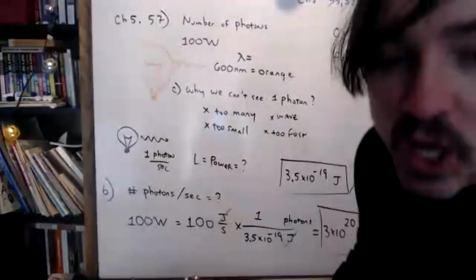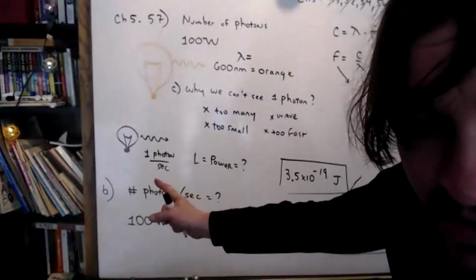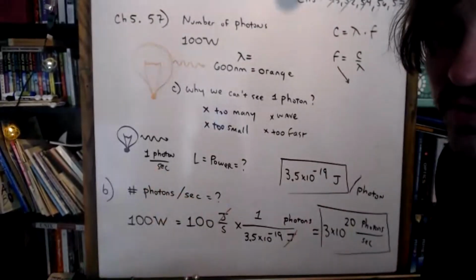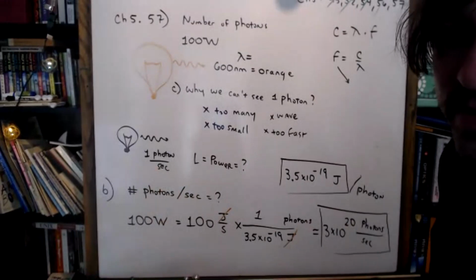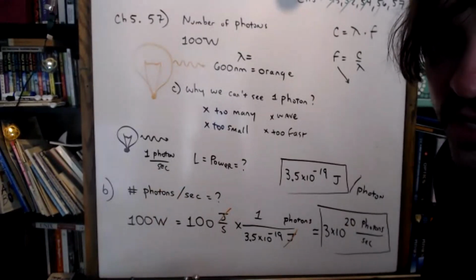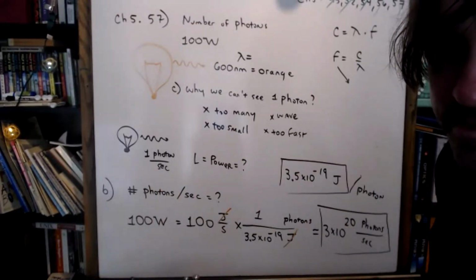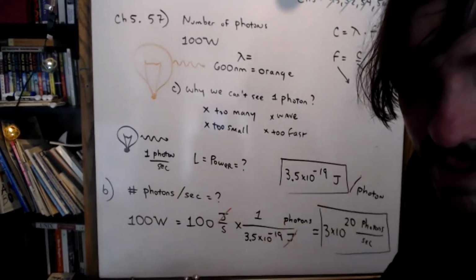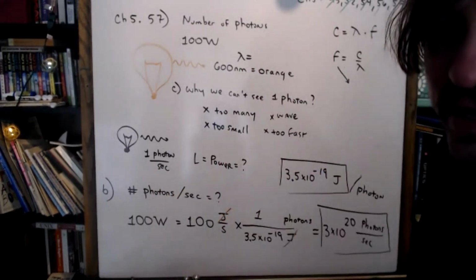In other words, what would be the wattage of a tiny quantum bulb that produced 1 600 nanometer photon per second? Can you answer that question? What would be the wattage of a quantum party bulb that produced 1 photon per second?